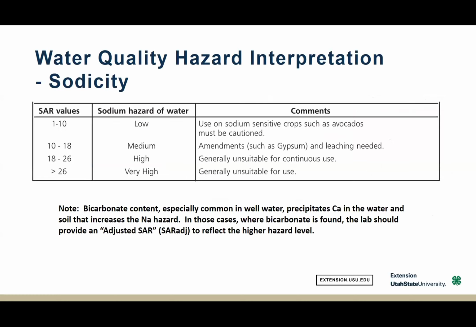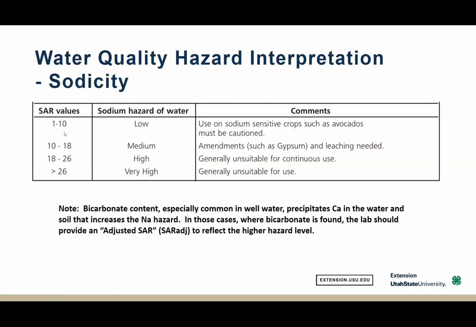As far as the sodicity hazard is concerned, SAR values of below 10 are generally useful on all crops, except for maybe the really most sensitive crops, and we don't grow a lot of avocados in Colorado, in Utah, or in the Intermountain West, so we're pretty safe there.